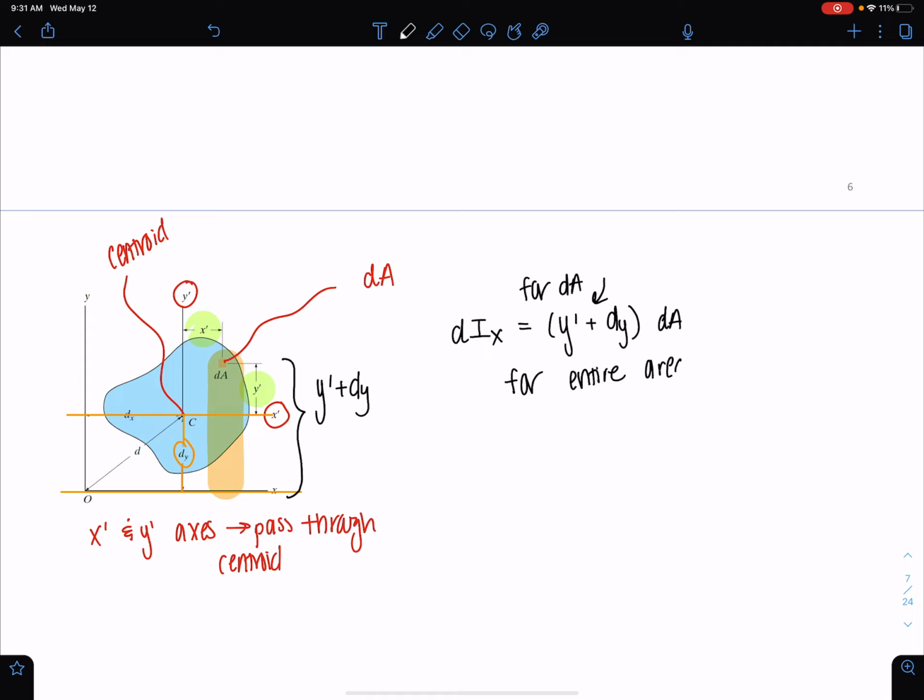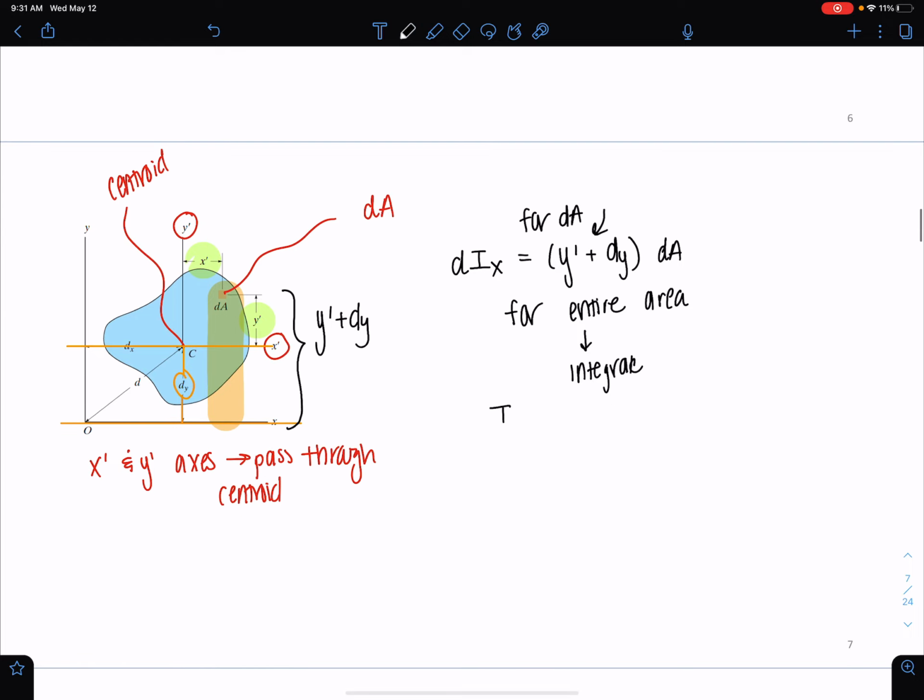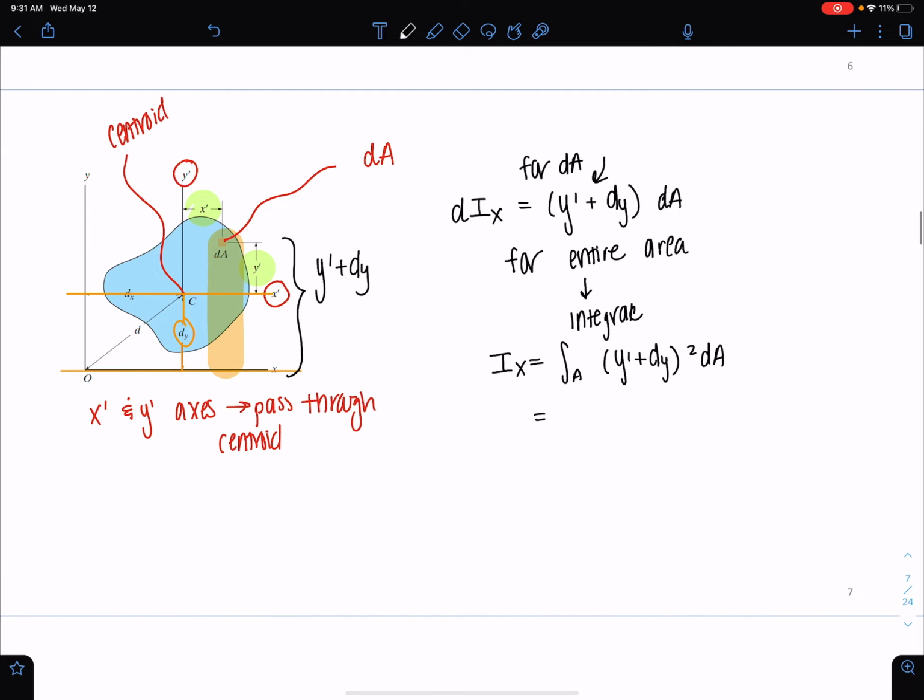What would we do for the entire area? Well, we integrate, right? We integrate to get the whole area. So we would get Ix is equal to the integral across the whole area of (y prime plus dy) squared dA. And if we want to simplify this further, we would integrate over the entire area.